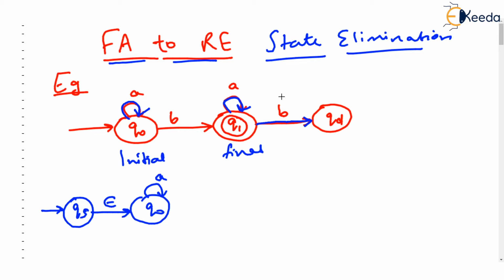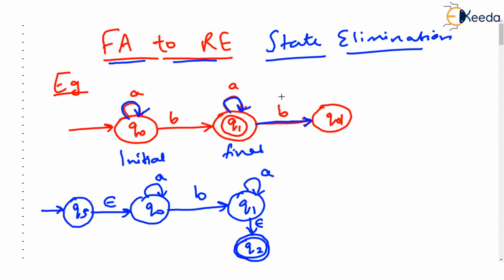In such a case, we make that final state a non-final state, and we add one more new state which becomes the new final state, with an epsilon transition. The remaining transitions, from Q0 to Q1 and Q1 to Q1, remain as they are.